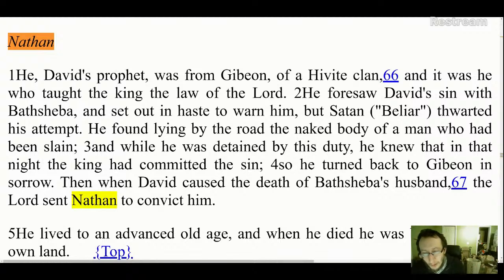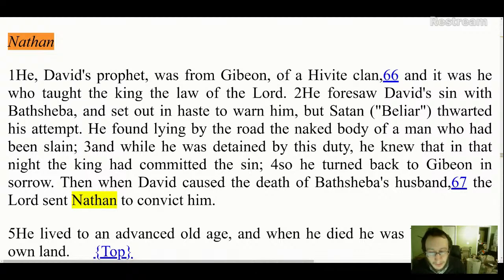Nathan had to obey the law, which commands the people who find the body to go to the nearest city and get help to determine who was killed, who was the murderer, things of that nature. So because of that, Nathan was not able to go to David and prevent him from doing the sin.